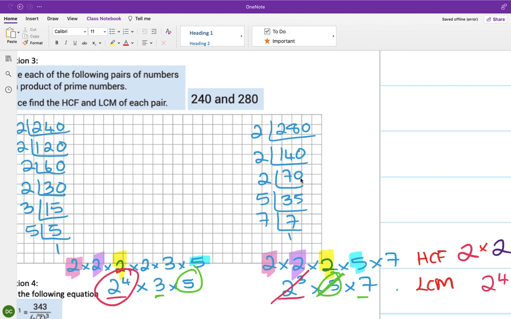Question 4. 7 to the 2x plus 1. Now there's a chance this thing might work because it doesn't have x's on the far side. It doesn't work.